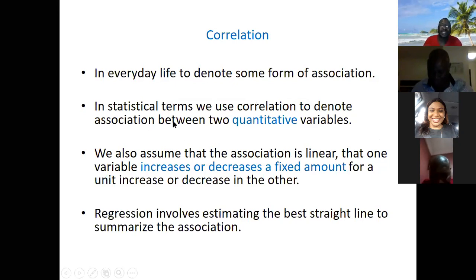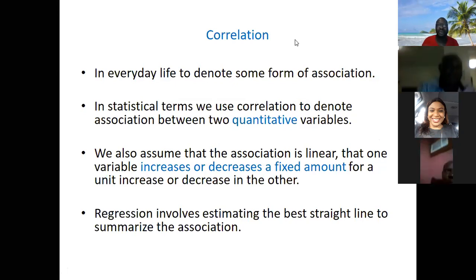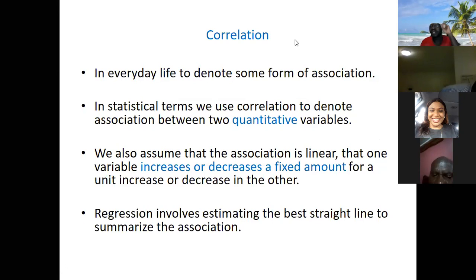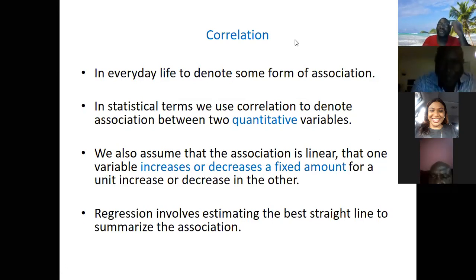Then in statistical terms, we use correlation to denote association between two quantitative variables. One thing that is very important there is that the variable must be quantitative. That is, they must have a number as their value. You're going to see that it doesn't have to be continuous. You can have an ordinal variable.